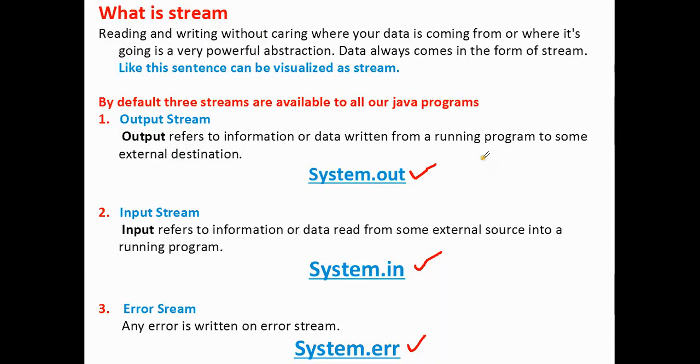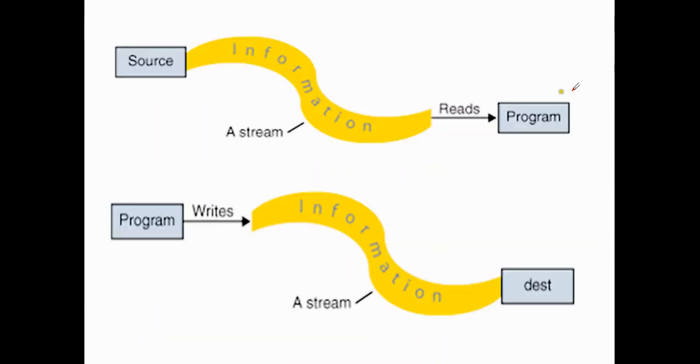Whenever your program wants to read data, it will read from System.in, and by default System.in is associated with the keyboard, but you can always change the source. Here the source is the keyboard, but you can change the source so that the data can be read from a file, or from a network.